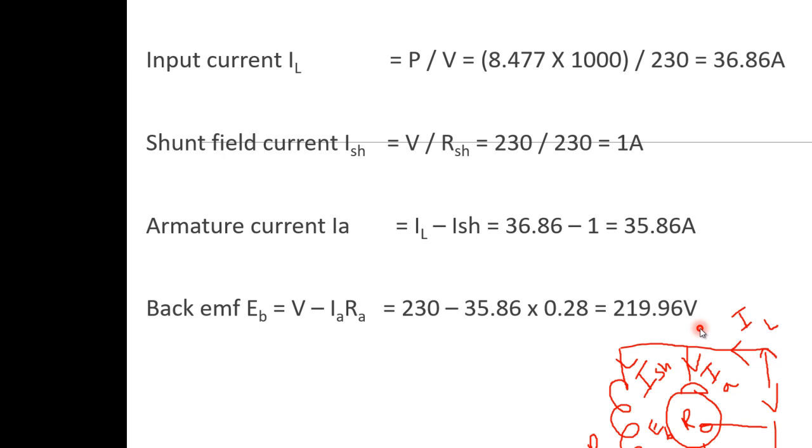Always the EB will be less than the applied voltage in a motor, and in the generator it is EG. So there we will call it EG. So EG will always be greater than V. Okay, but EB will always be less than V. This is a logical hint that will give you an idea if you remember this.